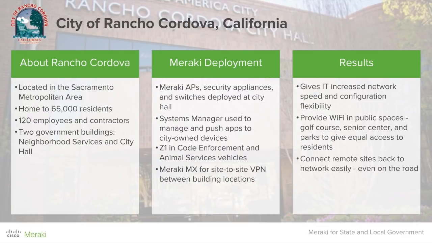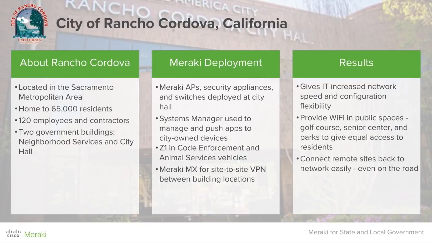The city of Rancho Cordova, that's here in California, not too far away from where I was born and raised. And they are located in Sacramento with roughly 65,000 residents, 120 employees and contractors employed within the city, 2 government buildings, neighborhood services, and city hall. And with the Meraki deployment, they deployed Meraki APs, security appliance, and switches at the city hall.